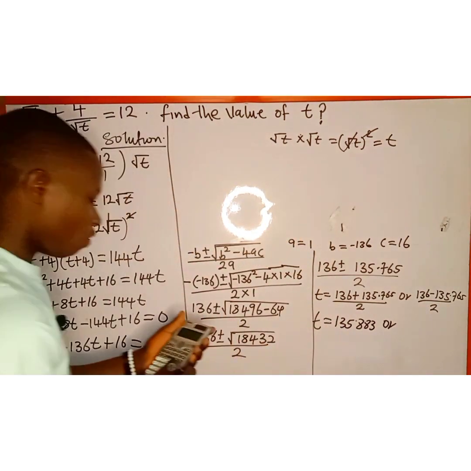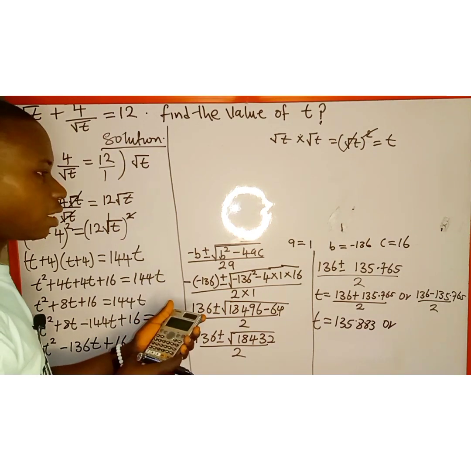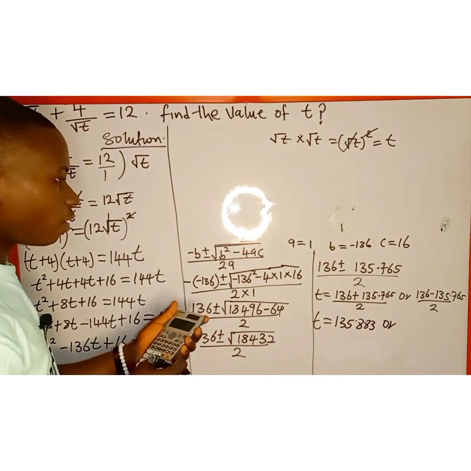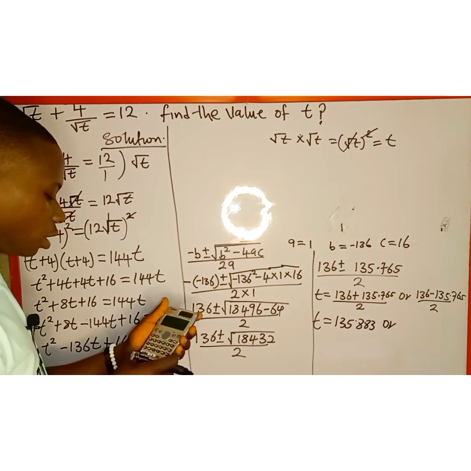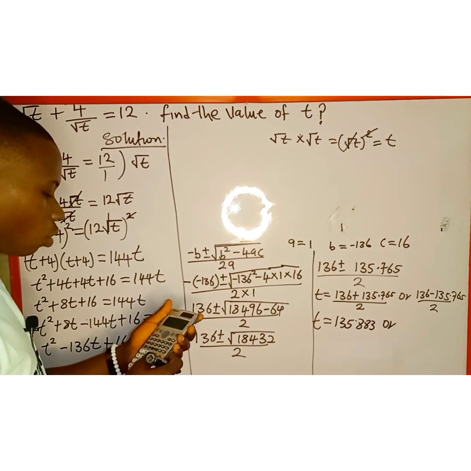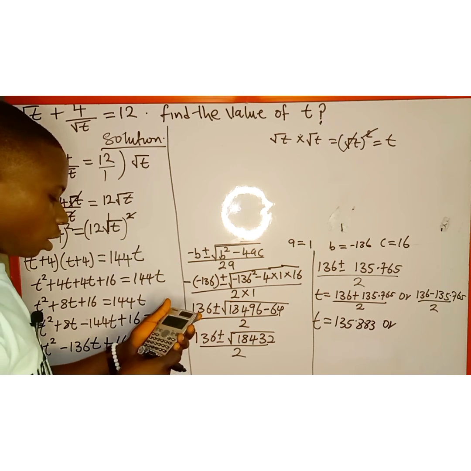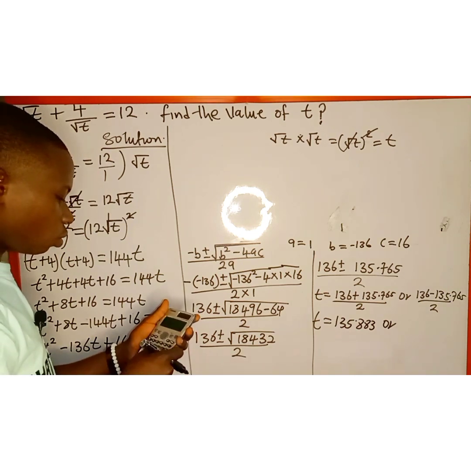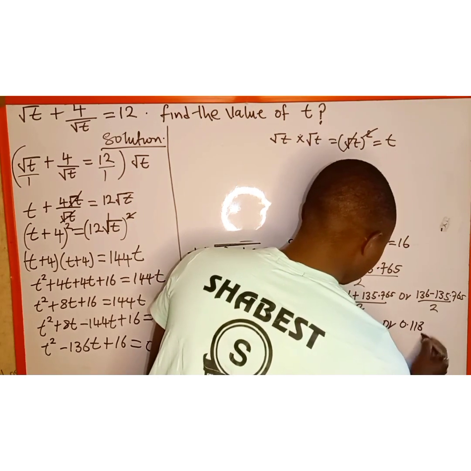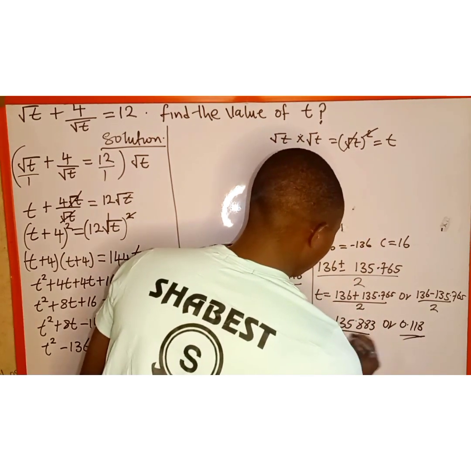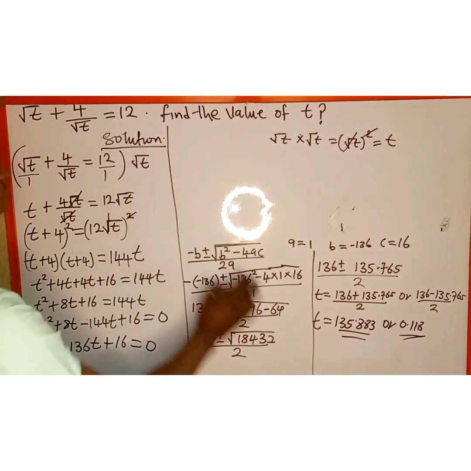Or the second value of my t, which is 136 minus 135.765, then divided by 2, is going to give me 0.118. So these are the two possible values of my t in this radical expression.